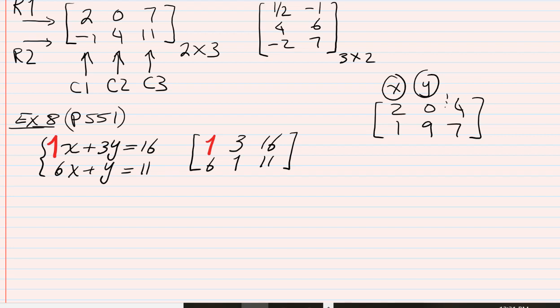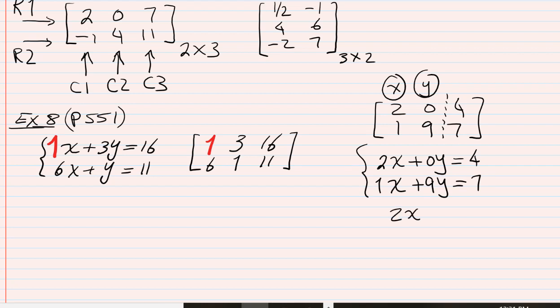If I put a dotted vertical line here, the numbers to the right of it are the constants, the other side of the equal sign. So the first equation reads 2x plus 0y equals 4, and the second row is 1x plus 9y equals 7. We write these as 2x equals 4 and x plus 9y equals 7.